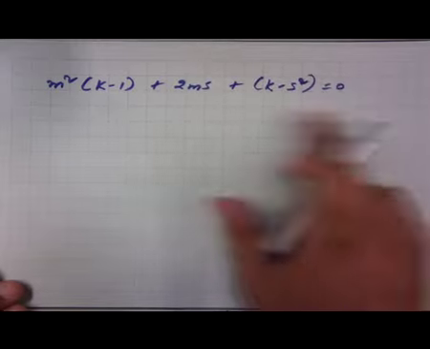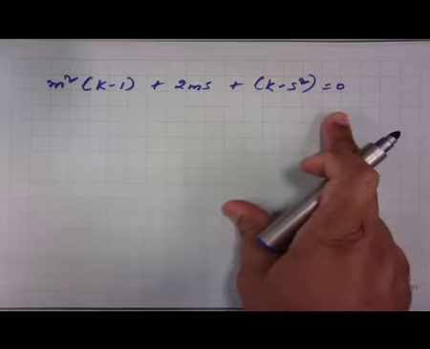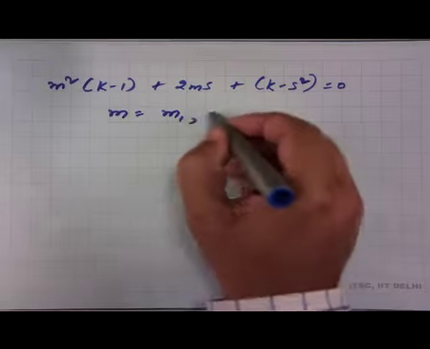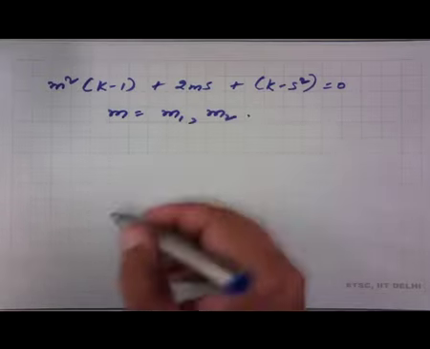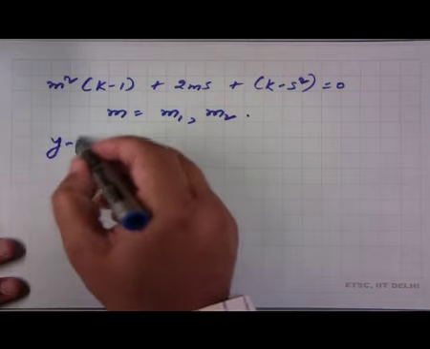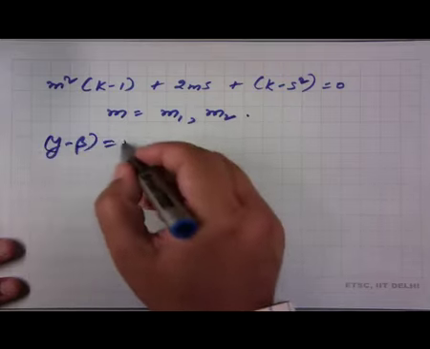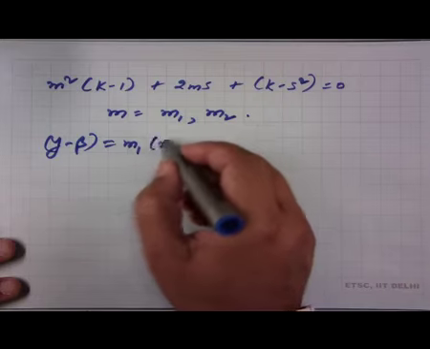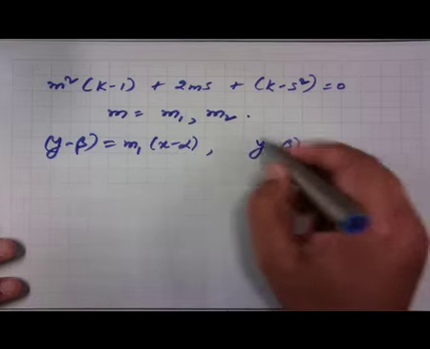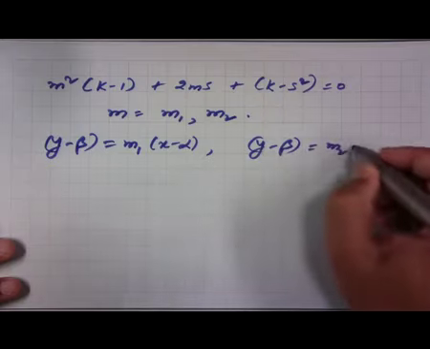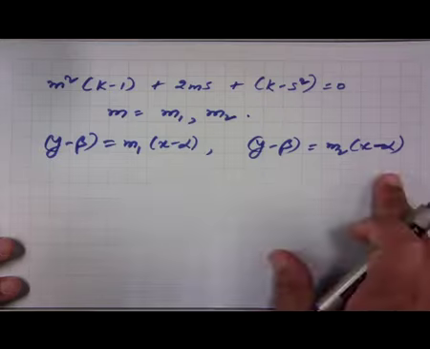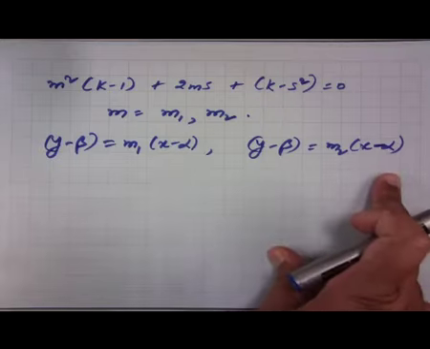So, when we solve this quadratic equation in m, we get two solutions, m1 and m2, and therefore we correspondingly get two straight line equations: y minus beta is equal to m1 into x minus alpha, and the other is y minus beta is equal to m2 into x minus alpha, and both of these are valid direct common tangents.